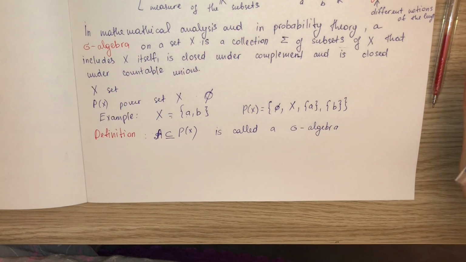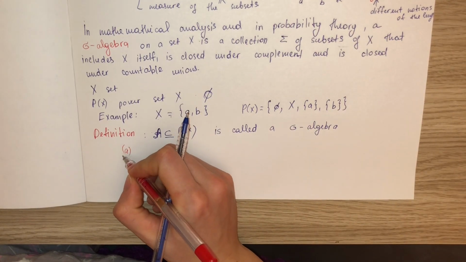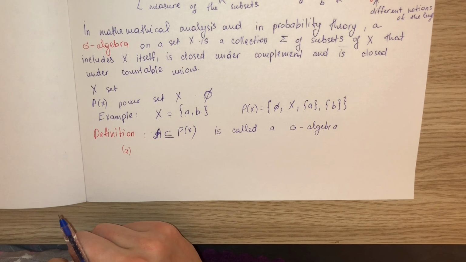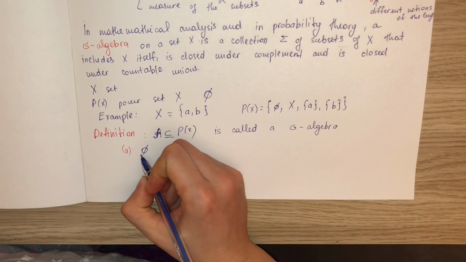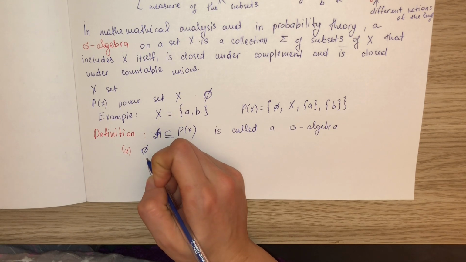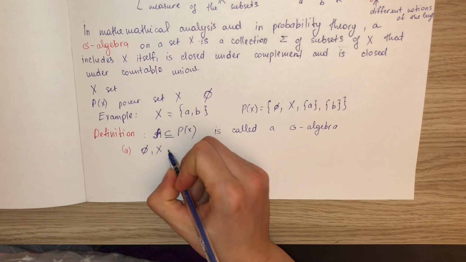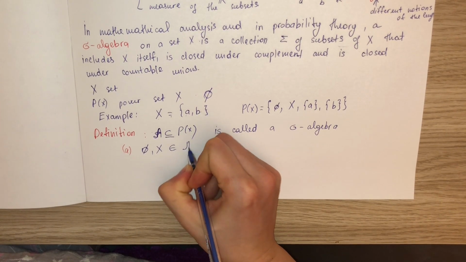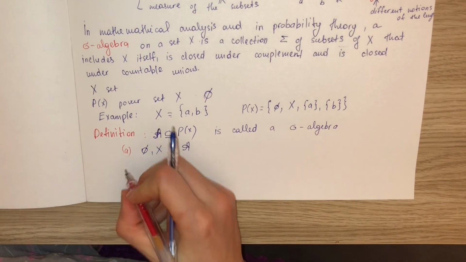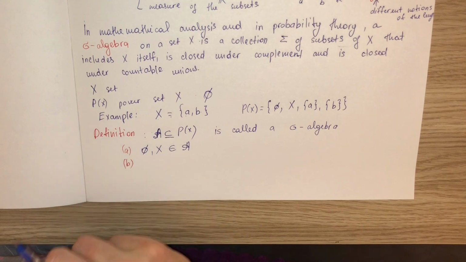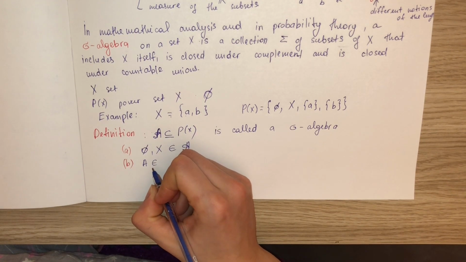So the first rule and the easiest rule is that the empty set is in the power set given, and the whole set itself is from the curly A.